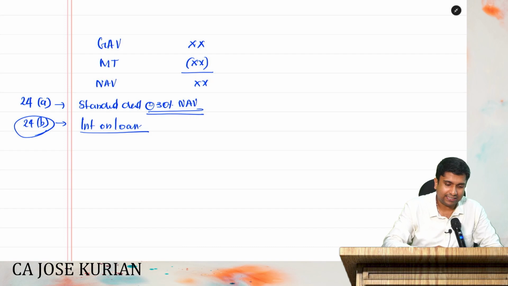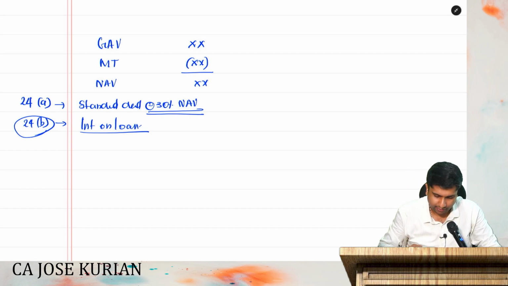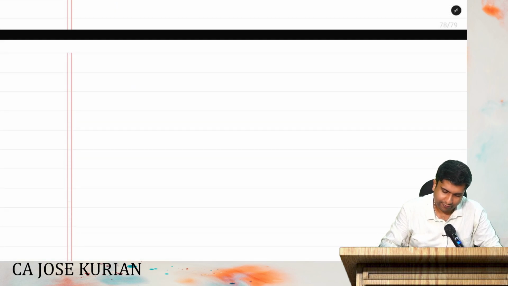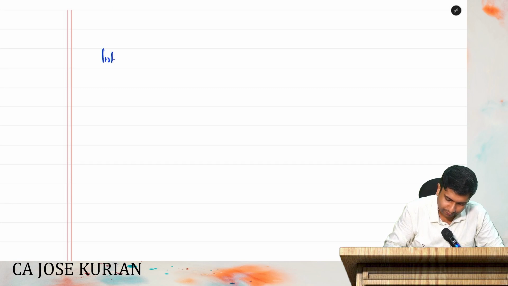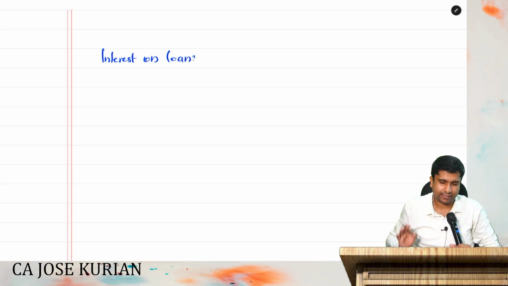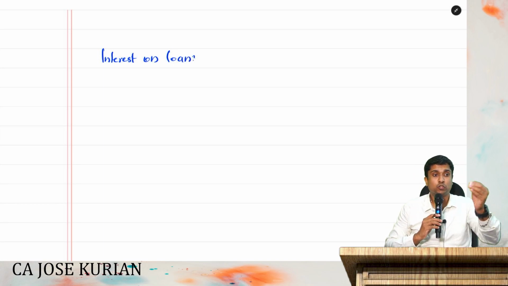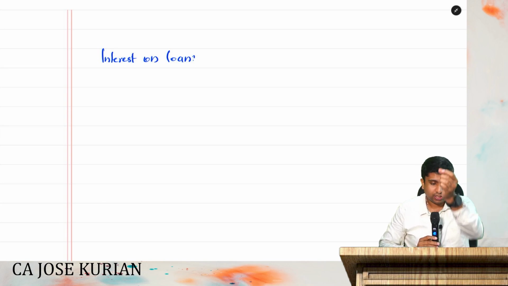So let's move on with the interest on loan, and let's discuss interest on loan in detail. Interest on loan has certain specialities. So let's understand what all are the specialities for interest on loan.